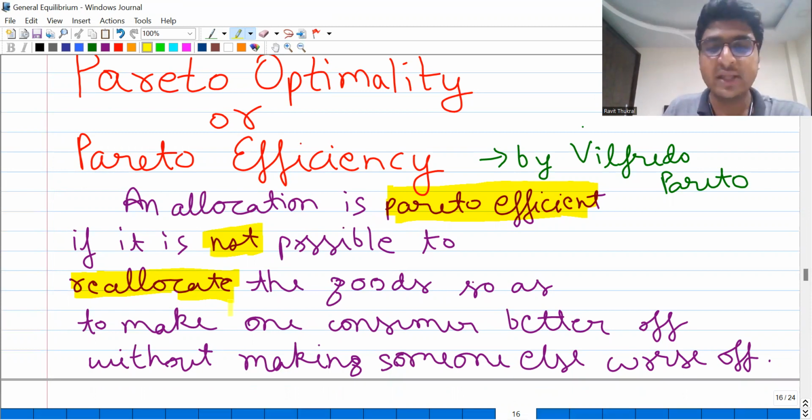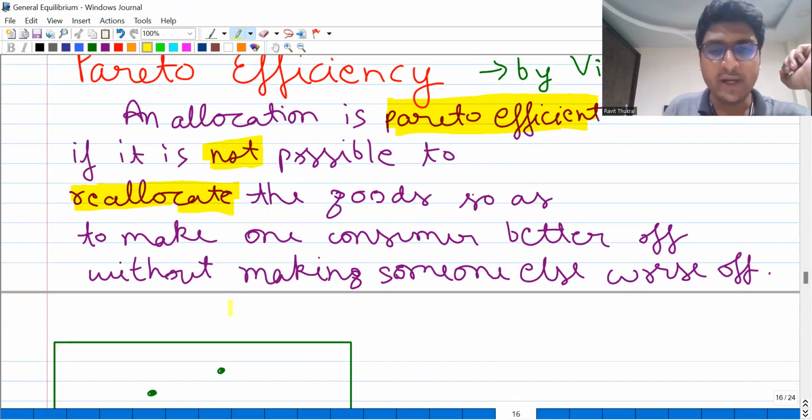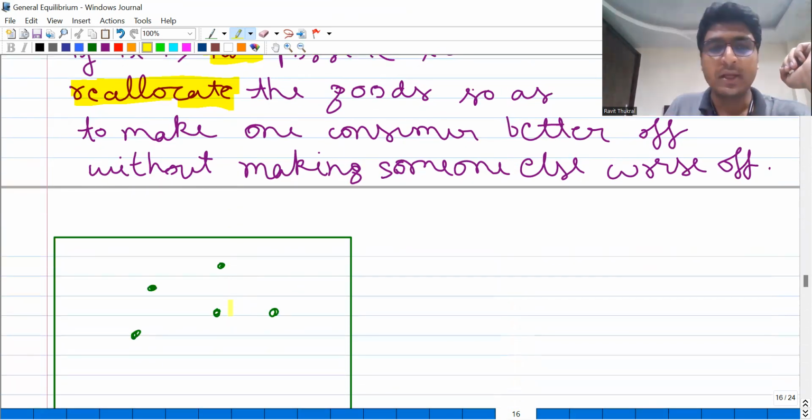Now, why is it this? Why should this definition hold? So why is this type of allocation Pareto efficient? Let's talk about that. So the point is that it is saying that you should not be able to make both the individuals better off after reallocation.